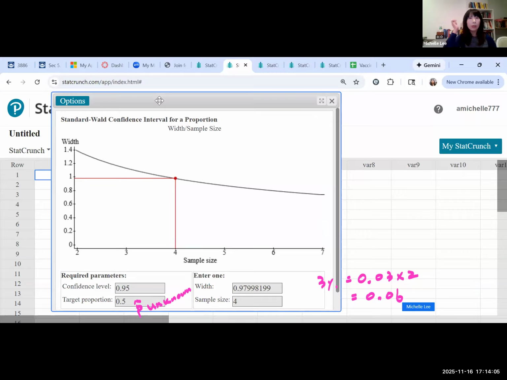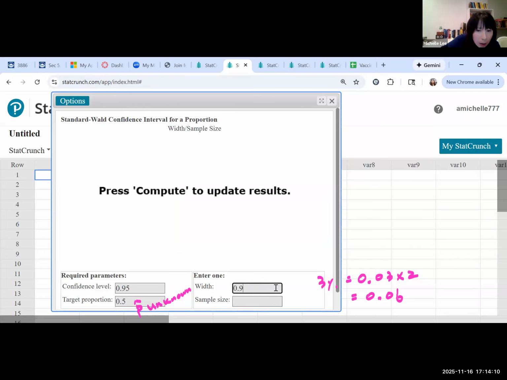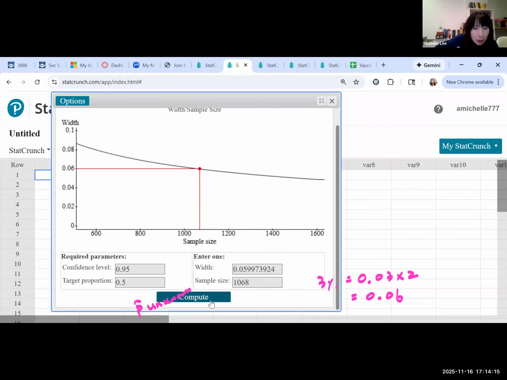So we are using the 0.06. Okay, let's compute. So we have 1068. We don't have to round up in that case because StatCrunch does it for us. So 1068 is the sample size.